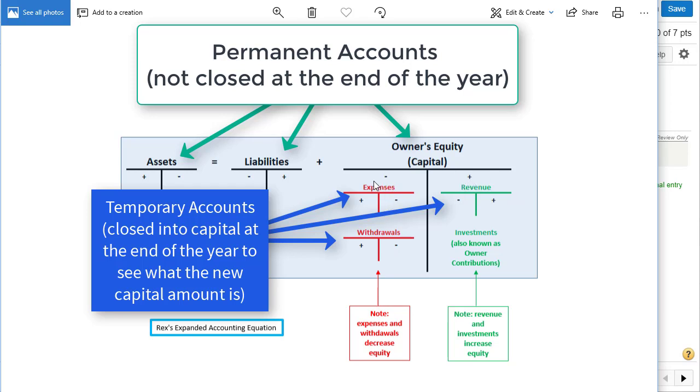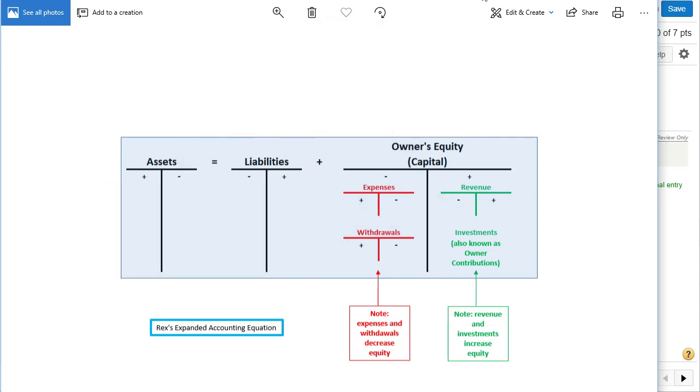We will close out our expense accounts, move them into the capital account, and they decrease the capital account. And withdrawals will also be closed out, and they will decrease capital. So in this problem, we're going to close out revenues, expenses, and draws, and then see what our new capital amount is going to be at the end of the accounting period.